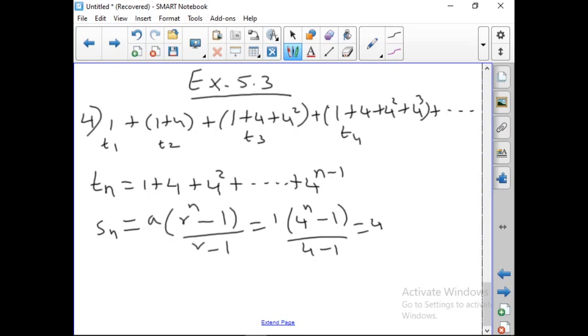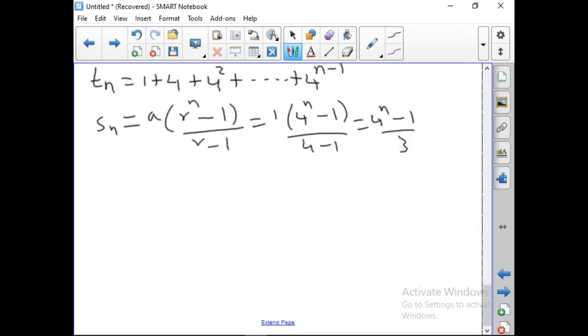So it is equal to 4 power n minus 1 by 3. So here we have to find the sum to n terms. So what about Sn? Sn is equal to sigma 1 to n. We can write it as k is equal to 1 to n, 4 power k by 3 minus 1 by 3, because this we can write it as 4 power n by 3 minus 1 by 3.